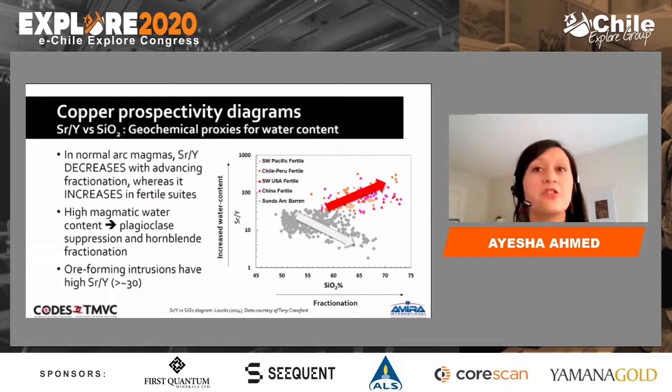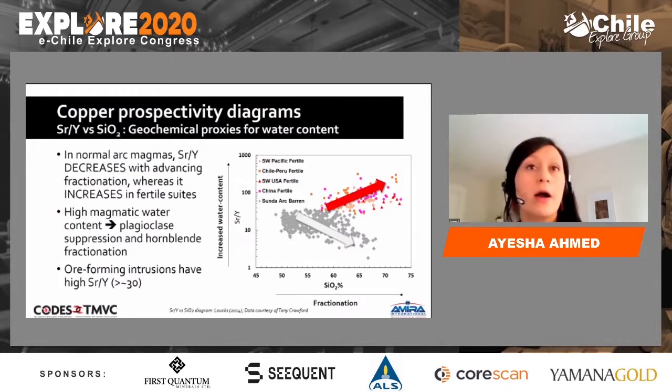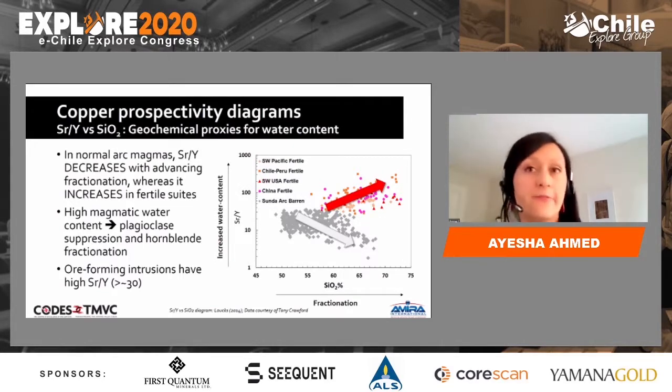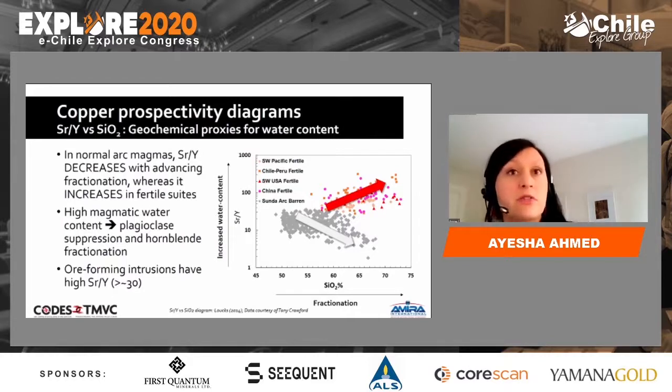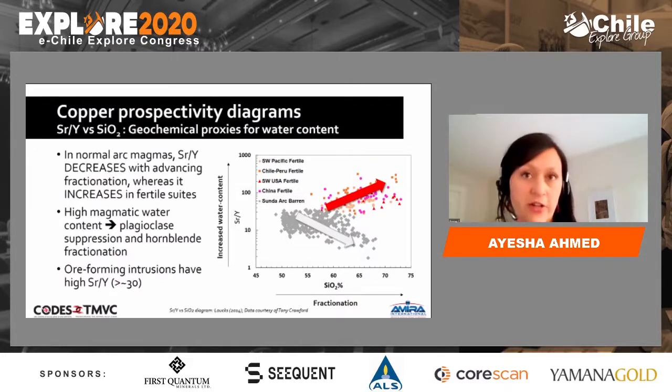The graph that's shown here demonstrates that in normal dry arc magmas, those are the gray dots, strontium over yttrium decreases with advancing fractionation. And this is largely due to the crystallization of plagioclase. In hydrous or wet magmas, though, the combined processes of plagioclase suppression and early hornblende fractionation work to increase the strontium and decrease the yttrium during fractionation.